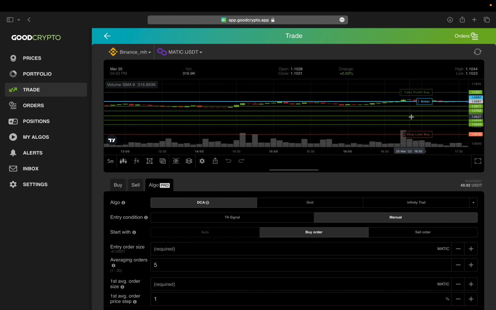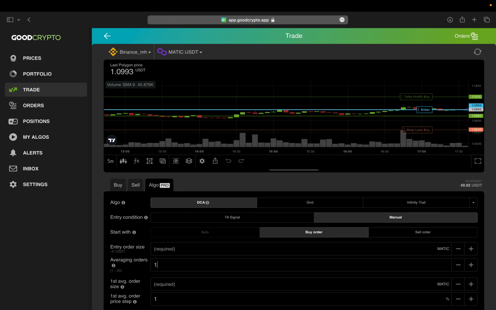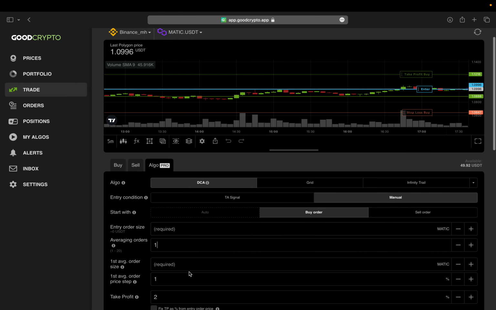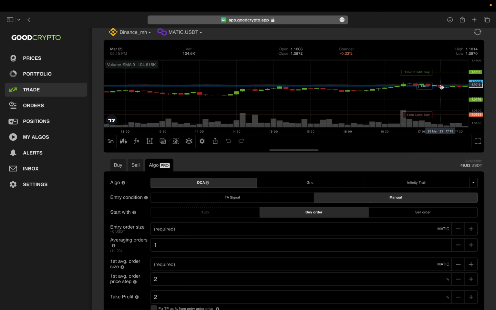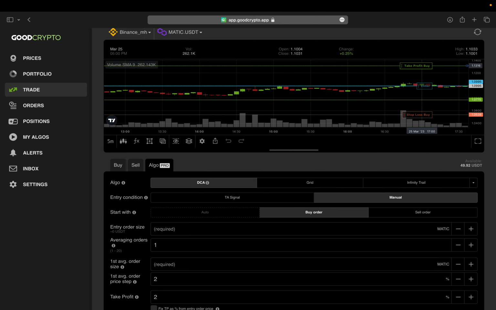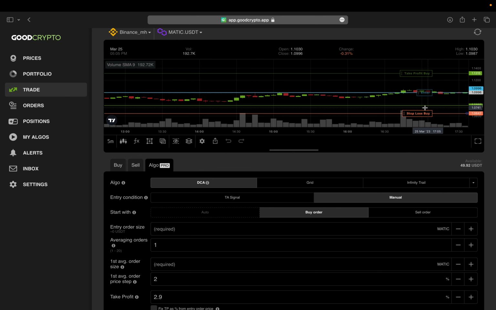So basically, rather than sending just a simple buy order with a take profit and stop loss, you can do one better. You can choose maybe, okay, let's simplify it a bit and just choose one averaging order at some distance like this. So that basically will be your setup. You entered here, you put a take profit here, stop loss here, but you have another order here, right?